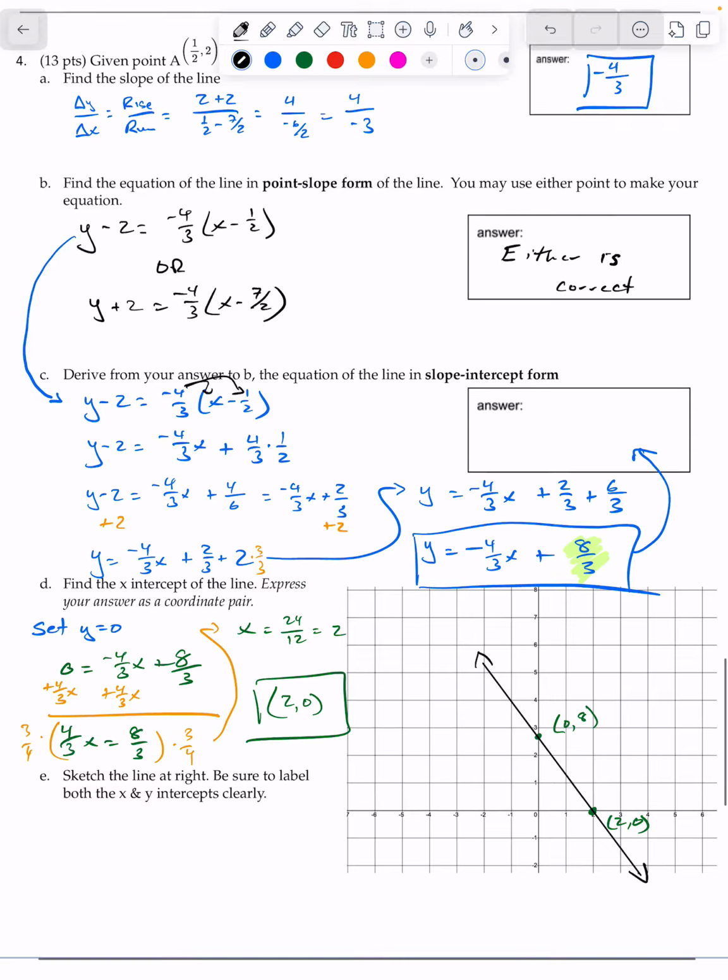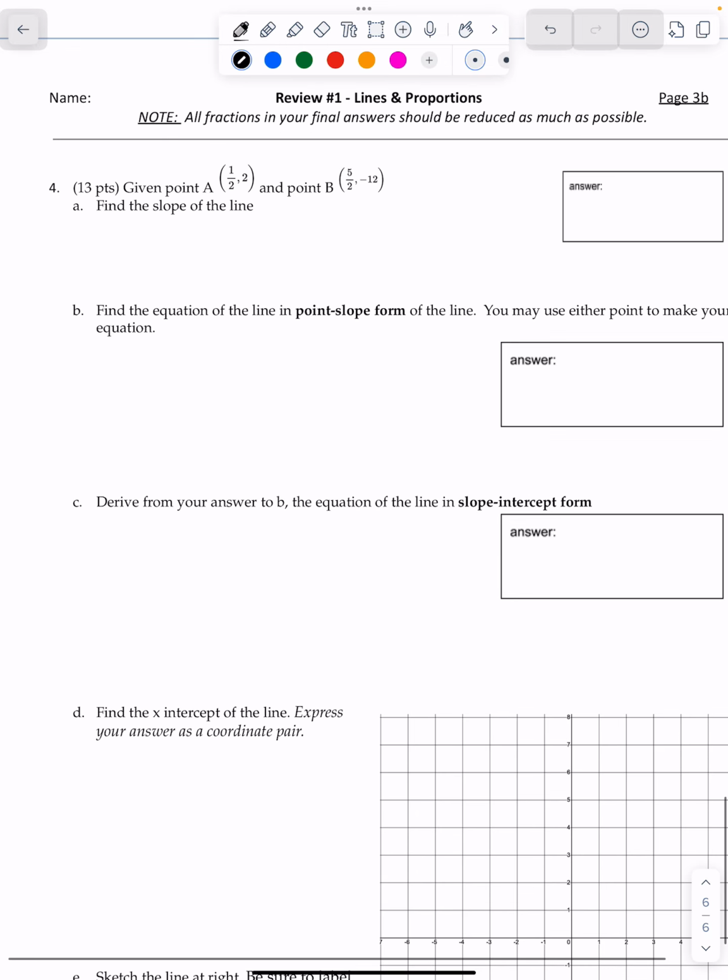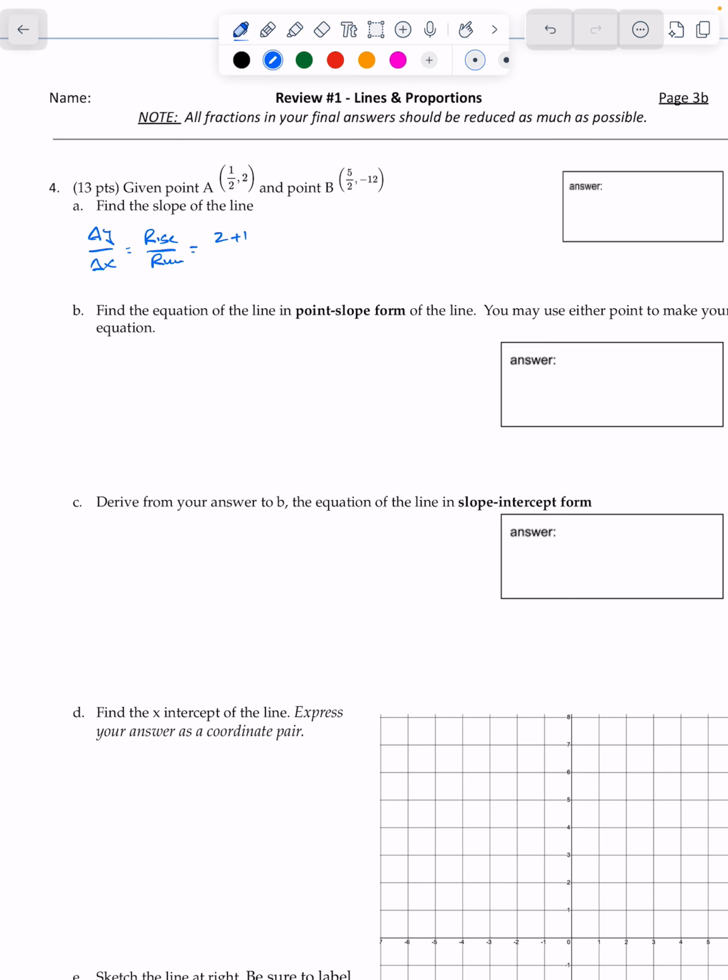All right, last problem. Find the slope of the line. Okay, so that is change in y over the change in x, which is rise over run. So 2 plus 12 minus negative 12 over 1/2 minus 5/2, which is 14 over 1 minus 5 is negative 4.